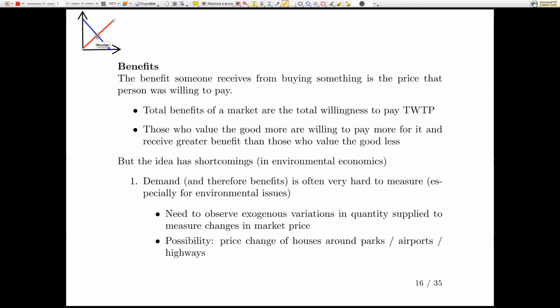But do you ever observe this or that? No. You think about, I don't know, chicken, for instance. You observe the price of chicken at $10, but you never see how much people would be willing to buy on the market if the price were $50, because that's just never happening. Or if the price was $1, because that's never happening.